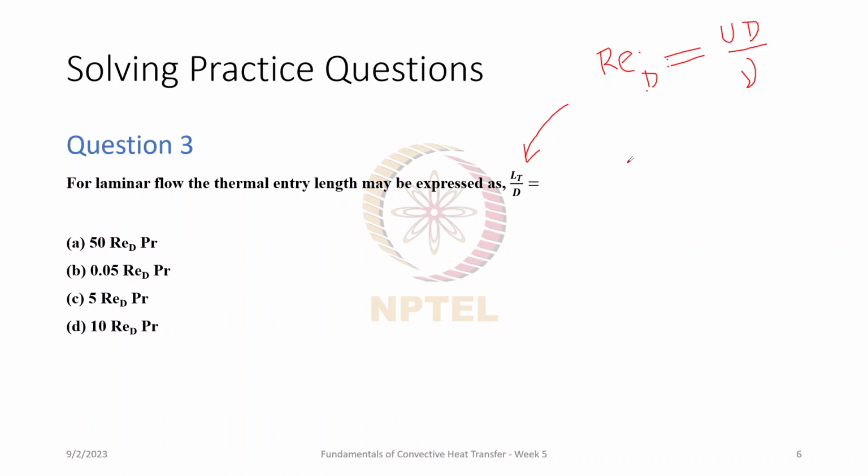And the Prandtl number, as you know, is the ratio of the momentum diffusivity to the thermal diffusivity. And what is that given by?